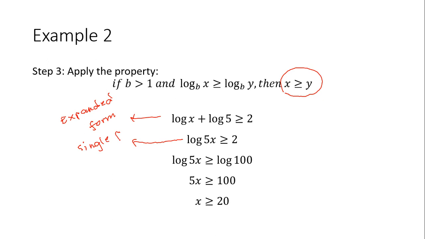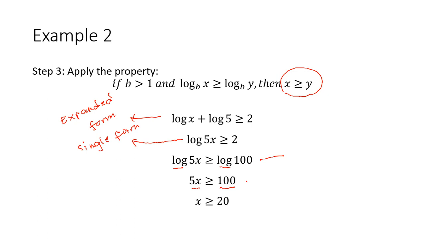Then after natin siya masulat into single form, kailangan both sides daw po ng inequality is naka-logarithm. Ito po yung ginawa natin kanina. Pareho ng base, we have the logarithm base 10, logarithm base of 10. Kuhain natin si 5x, bring down 100.